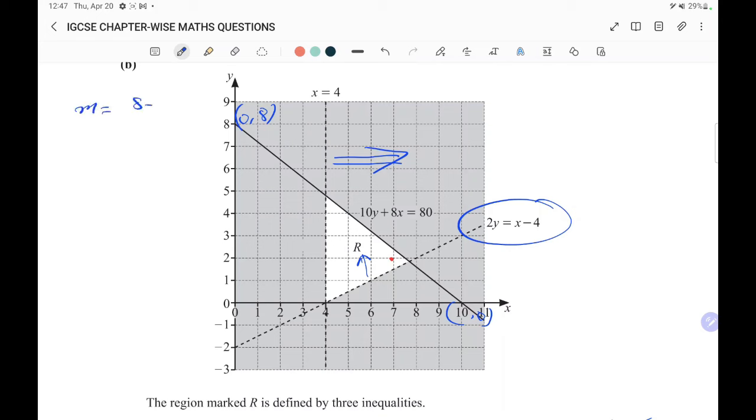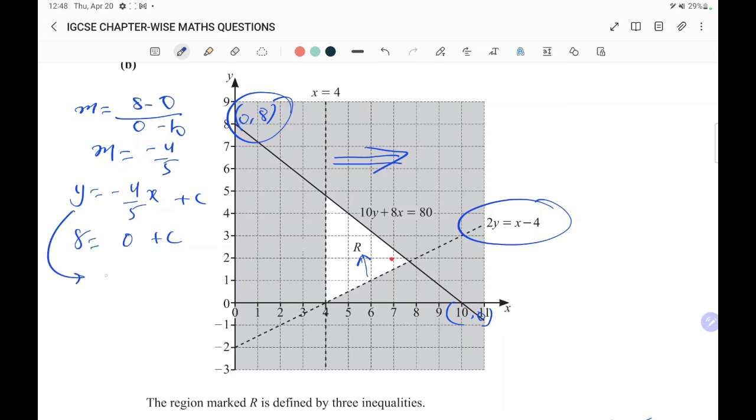So 8 minus 0 over 0 minus 10. So m is minus 4 over 5. Now y equals mx plus c. Now put 0, 8, so y is 8, x is 0. So y equals minus 4 by 5 x plus 8, right?